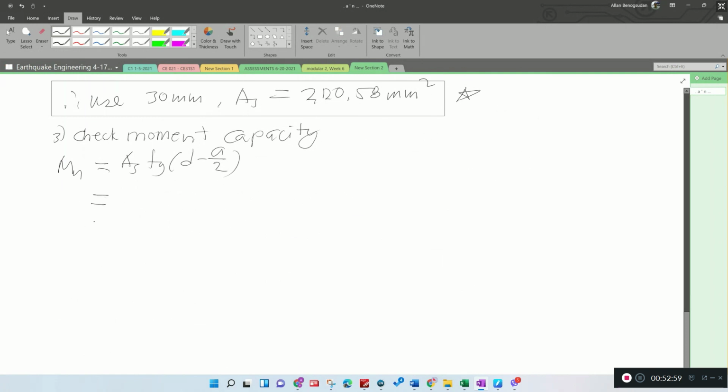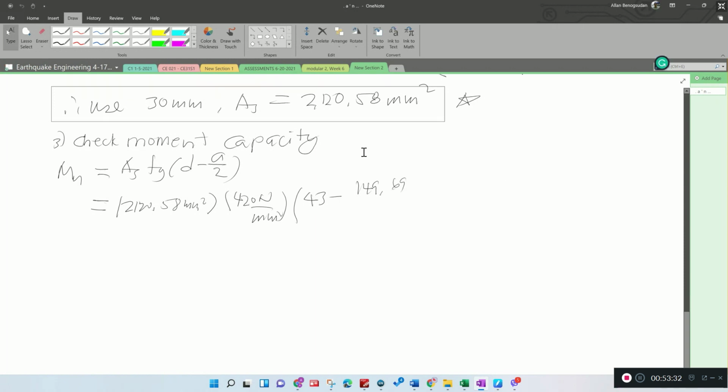So our AS is equal to 2120.58 mm squared, multiplied by 420, that is Newton per mm squared. And also you have your D equal to 435 minus A, which is 149.69. Where is that coming from?